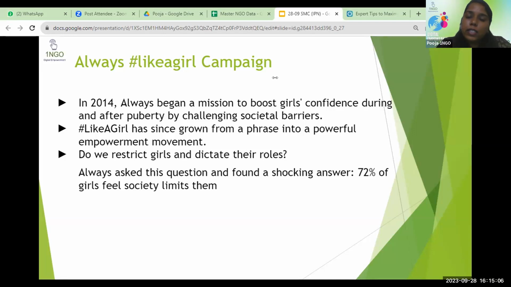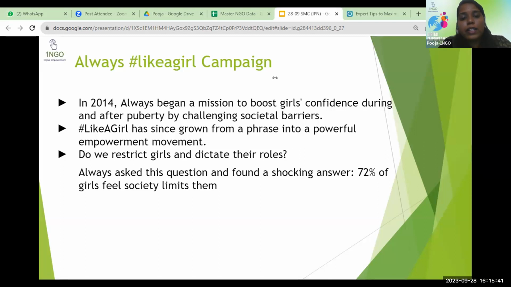What Always did was use this hashtag, Like a Girl, in an empowering and powerful way. They asked a question: do we restrict girls and dictate their roles? Shockingly, 72% of the girls agreed, and said that society limits the roles of girls. For example, the emojis we use on our mobile phones today include power girl emojis.